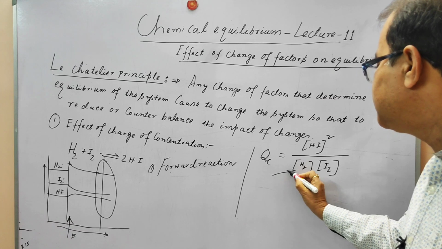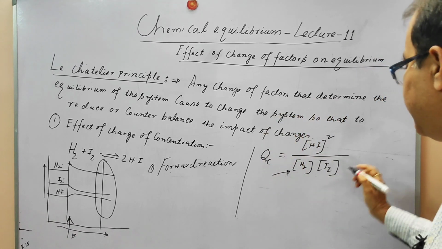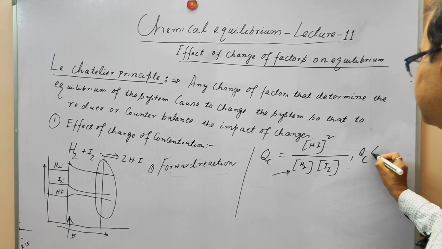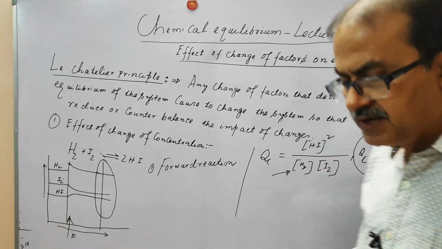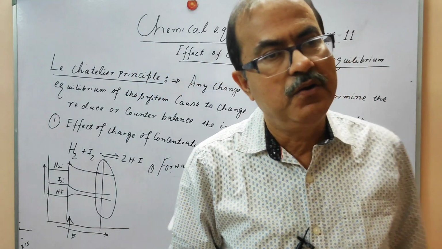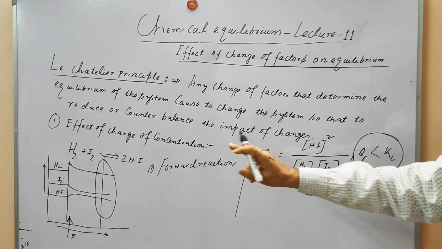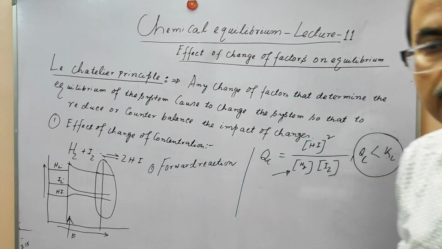Now when we add this hydrogen, the reaction quotient will be less than the equilibrium constant. And we know when the reaction quotient is less than the equilibrium constant, the forward reaction will be there. The reaction will proceed in the forward direction and more amount of HI will be produced.